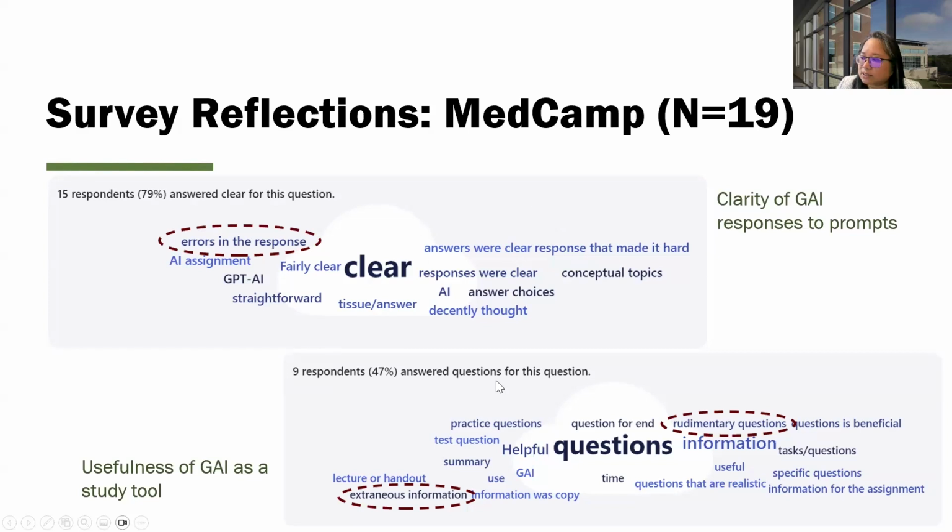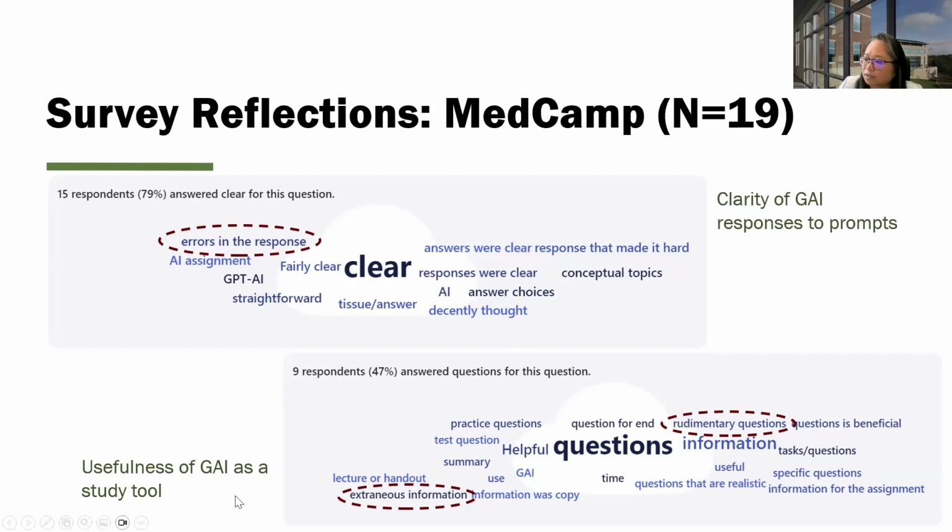These are word clouds generated by Microsoft Word. For the clarity of the responses they received to the prompts, many of them stated in the comments that they were fairly clear and straightforward. However, in a few of the responses, they consistently noted errors, or that the AI gave too much detail or too much information that really didn't pertain to them at that time.